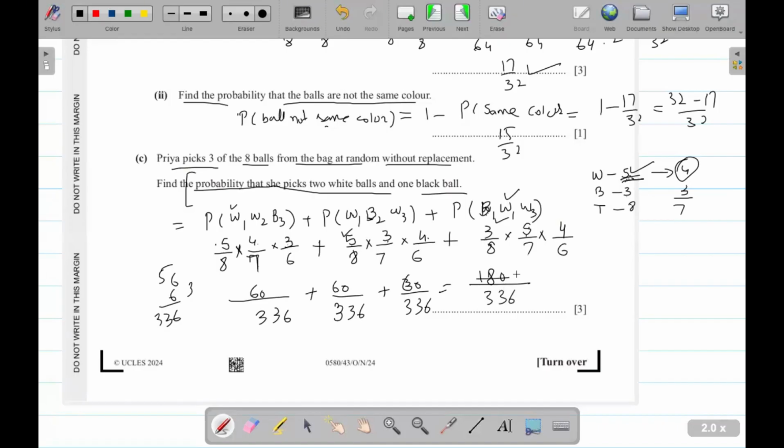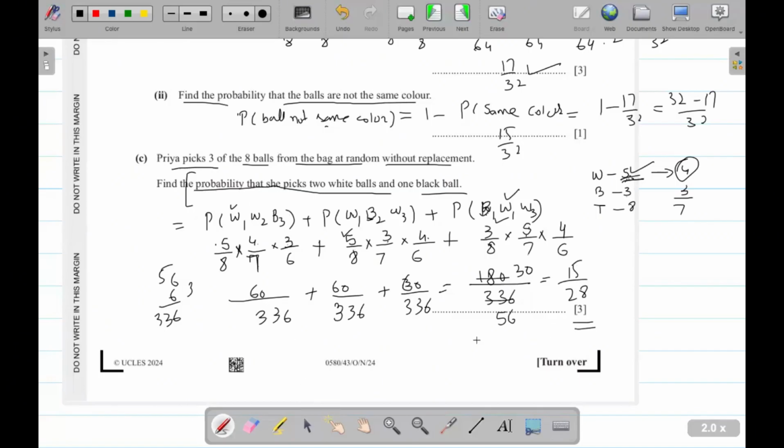Dividing this value by 6 and this value by 2, we get 15 over 28, and this is the probability of part C.